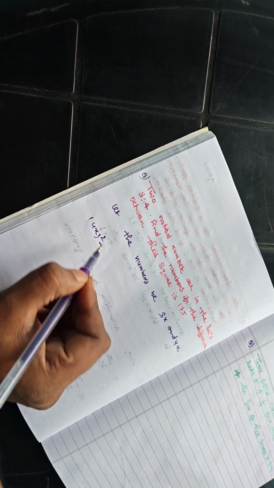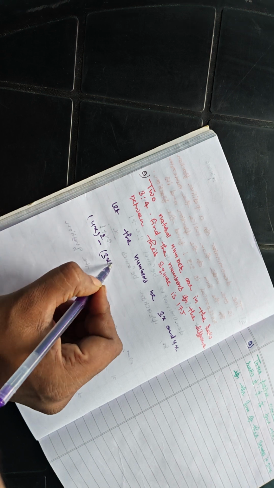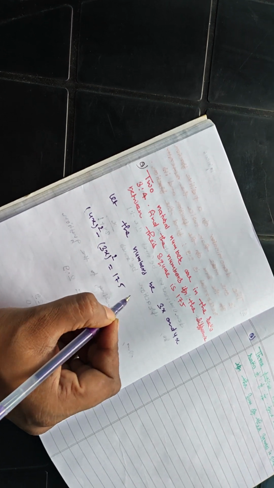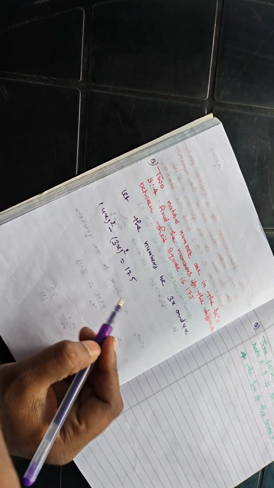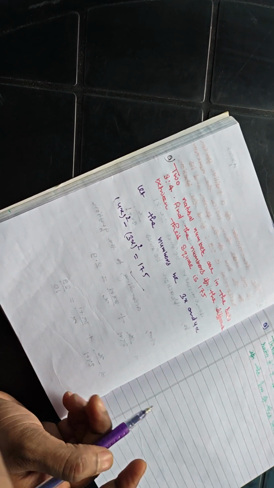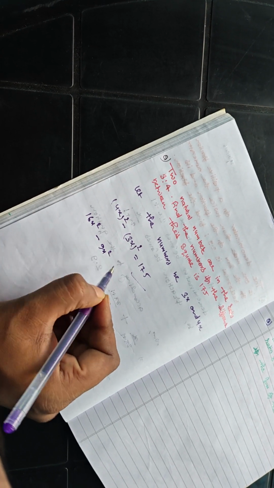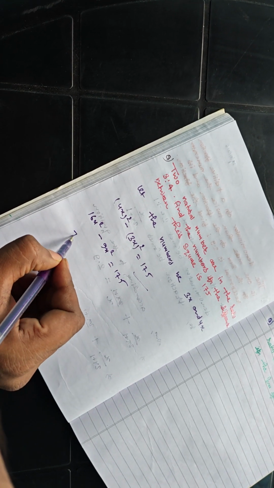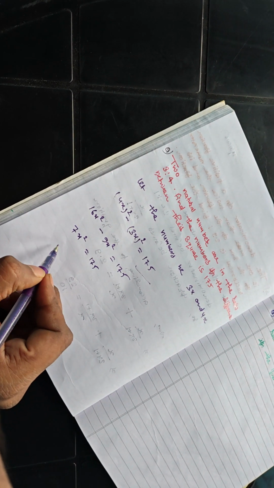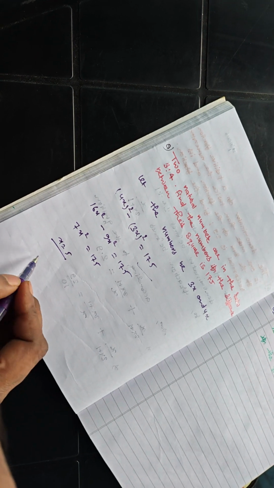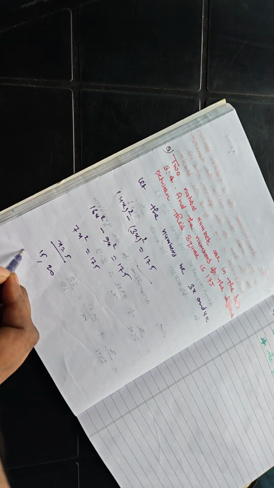We have a larger number, so we subtract the smaller square from the larger square, and that is equal to 175. When we solve it, that becomes 16x square minus 9x square is 175. That is 7x square is 175. x becomes 5 and the numbers become 15 and 20.